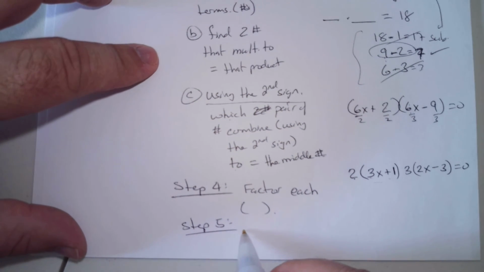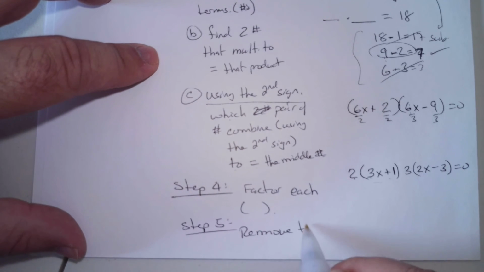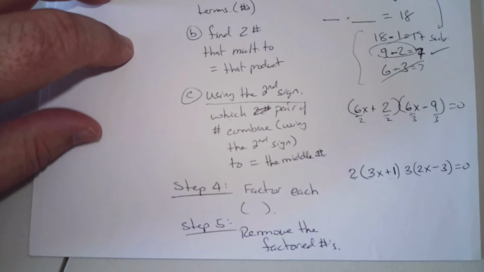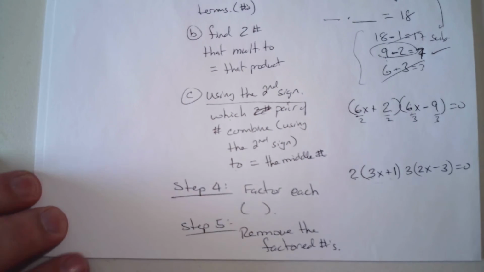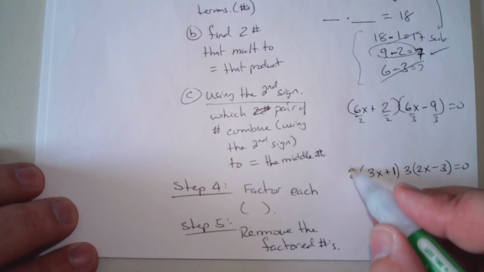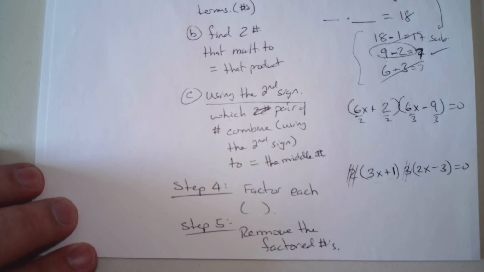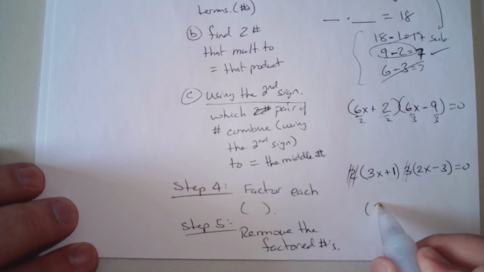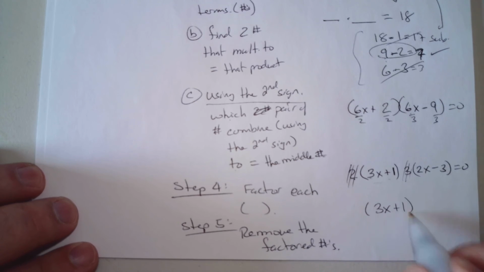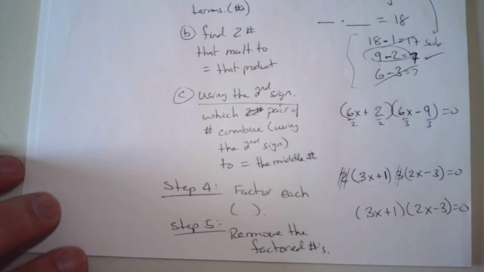Step 5. Remove the factored numbers. Just erase them, delete them. So that 2 disappears, that 3 disappears. 3x plus 1, 2x minus 3 equals 0.